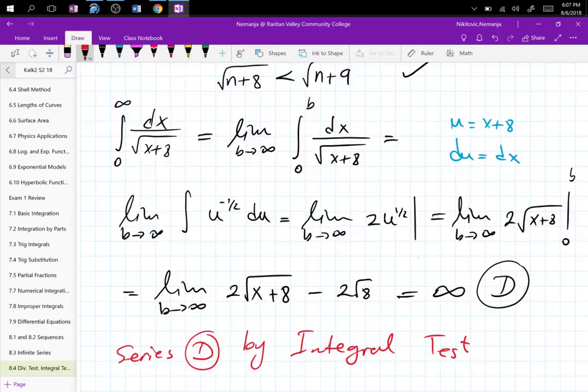When you plug in infinity for x, infinity plus 8 is infinity, square root of infinity is infinity times 2, still infinity. Infinity minus 4 root 2, and 4 root 2 is like 6, alright? So you have this, and that's a done deal.